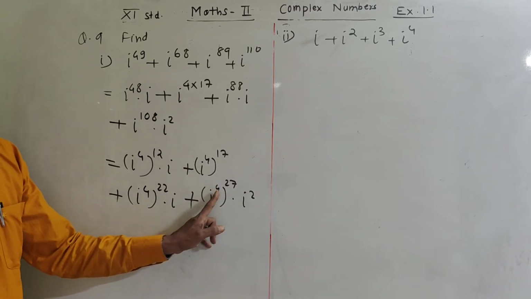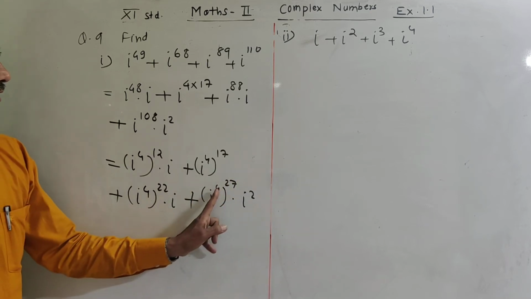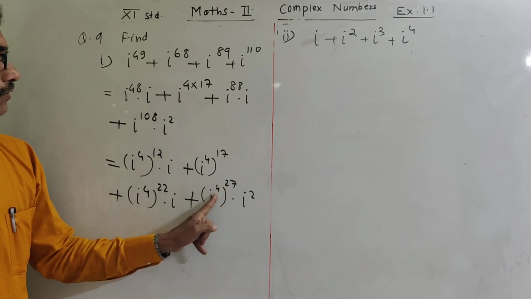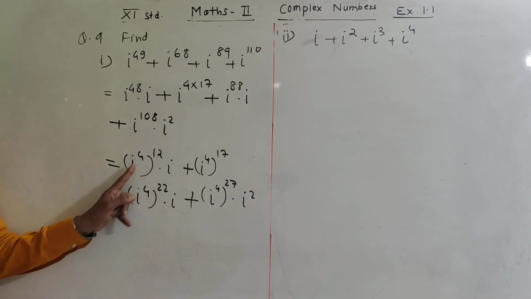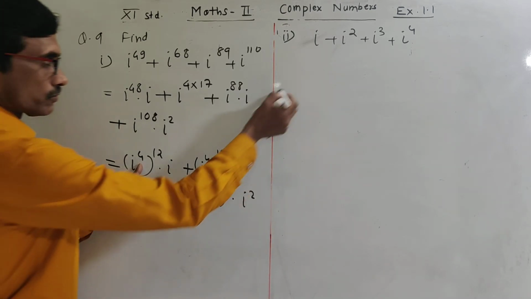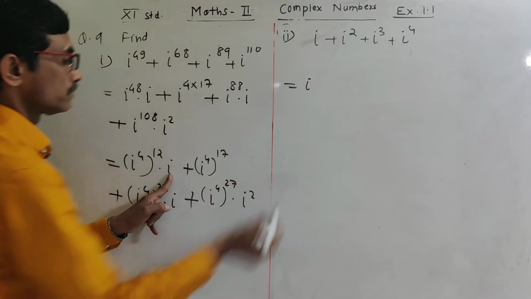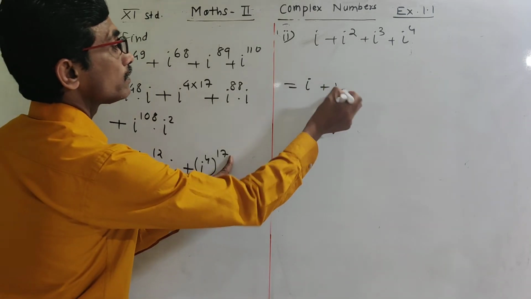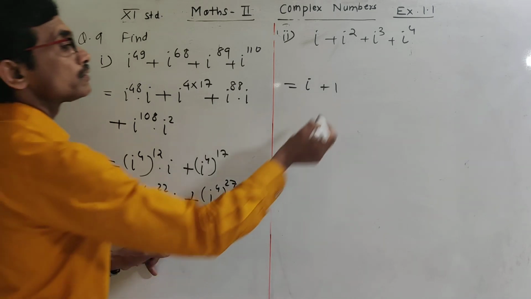This is 28, 8 and this 2, so it is 27 into 4 and i square. Here i raised to power 4 is 1, so therefore it is 1 into i. i raised to power 4 is 1, so it is plus i.